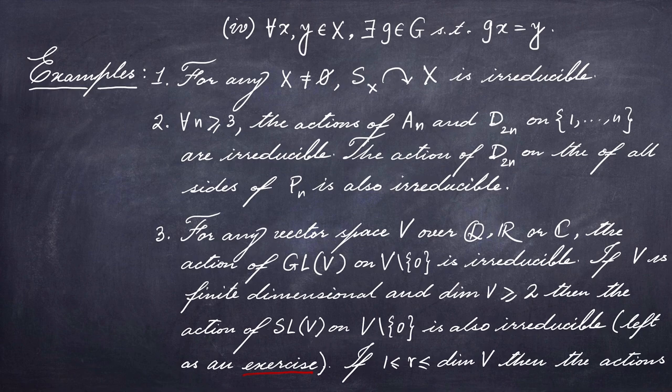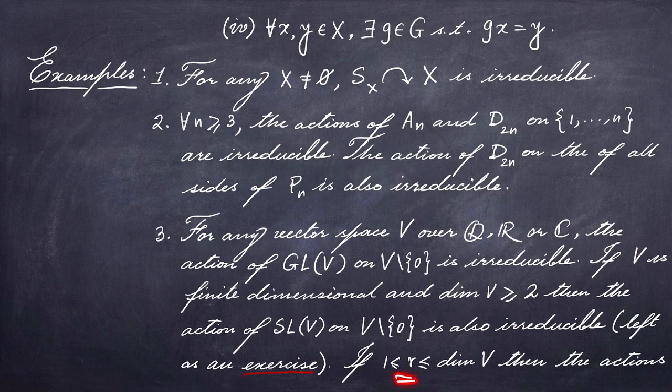So the crux of the point is that the action of GL(V) on this set is irreducible, and when V is finite dimensional with dimension at least 2, then the action of the special linear group is also irreducible. This you may take as an exercise.